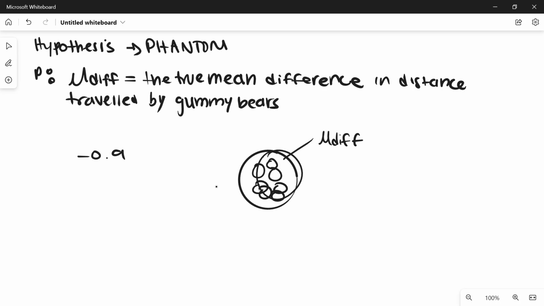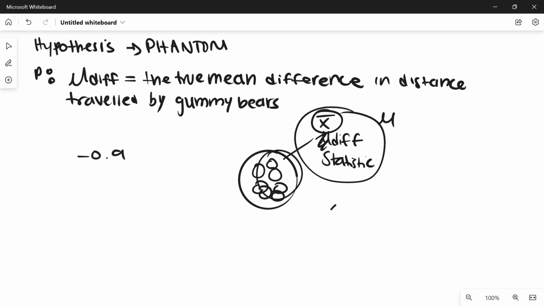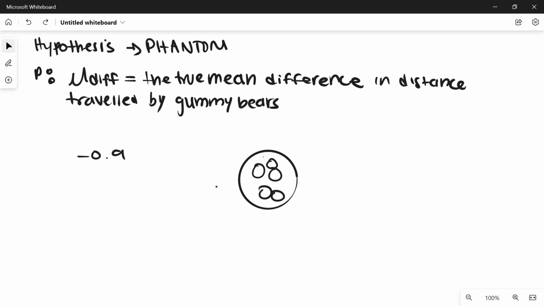Technically that would be x-bar difference, because x-bar is the statistic for mean and mu is the parameter for mean. So this negative 0.931 is an estimate of the true mean difference in distance traveled by gummy bears. That's the idea here: I'm trying to estimate the true mean difference, which is the parameter from a population.